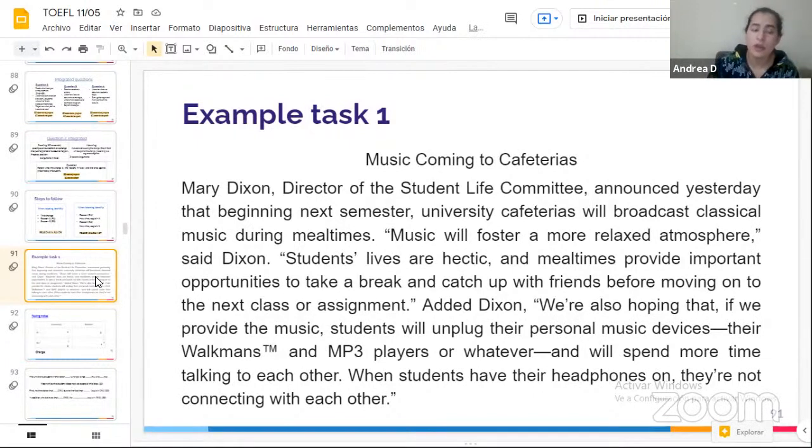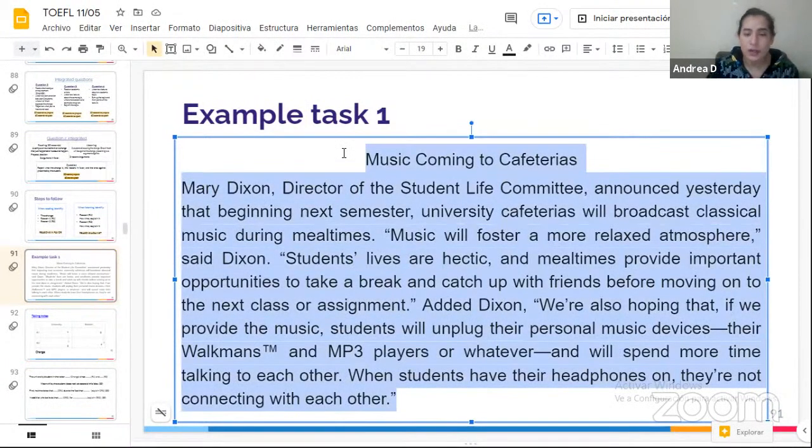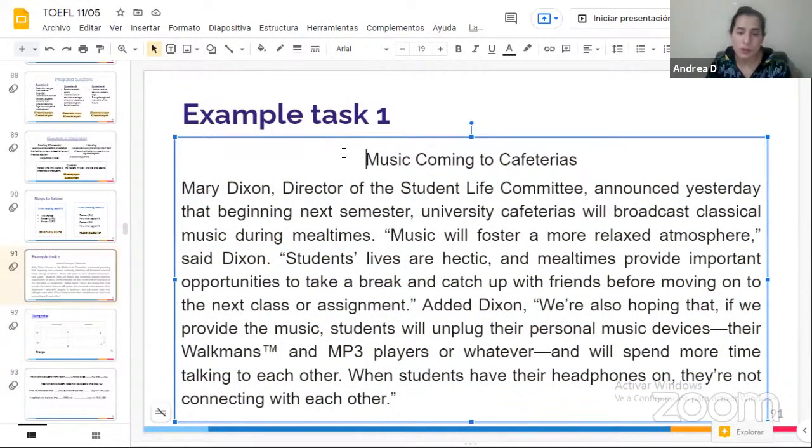Your job here is first to find out what the change is, and second, to find the reasons for the change. In this reading, you will always have 2 reasons. For example, we have decided to change the menu of the cafeteria since we want to cook healthier food and we want to make it cheaper as well. You always have that structure: changing the menu of the cafeteria, and 2 reasons, make healthier food and make cheaper food.